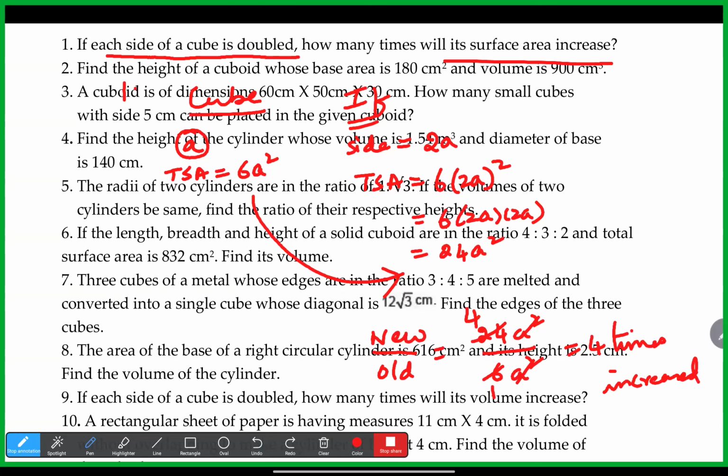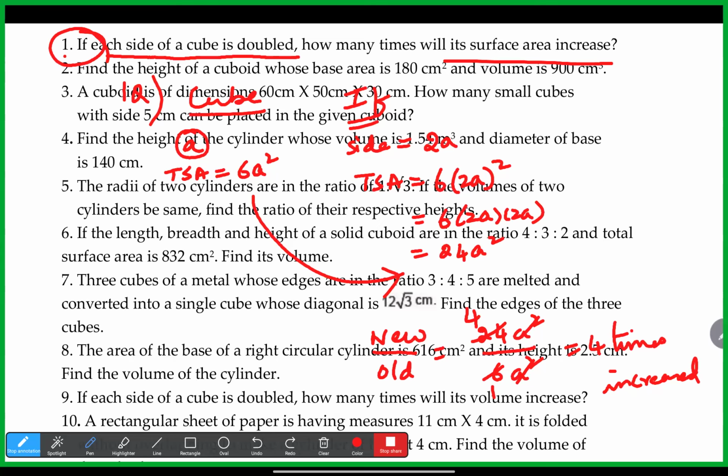Once again I'm explaining. If each side of the cube is doubled, we don't know the actual side of the cube, so let us take some A. Normally, if the cube side is A, the total surface area is 6A square. Now, they said it is doubled, so the side will become 2A.